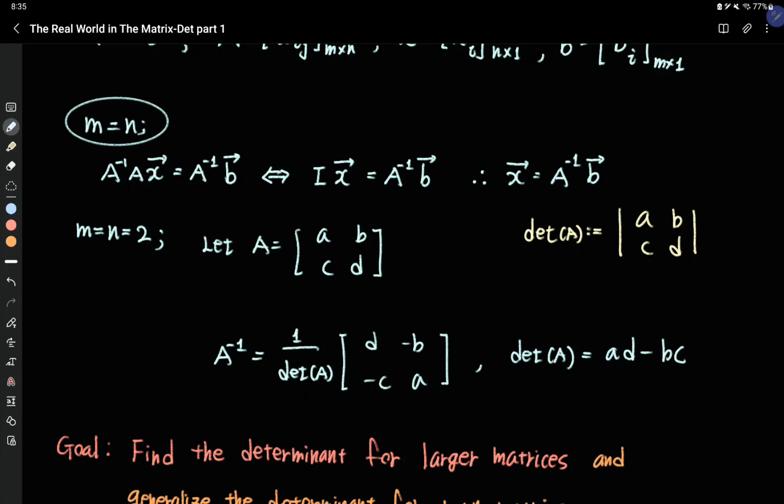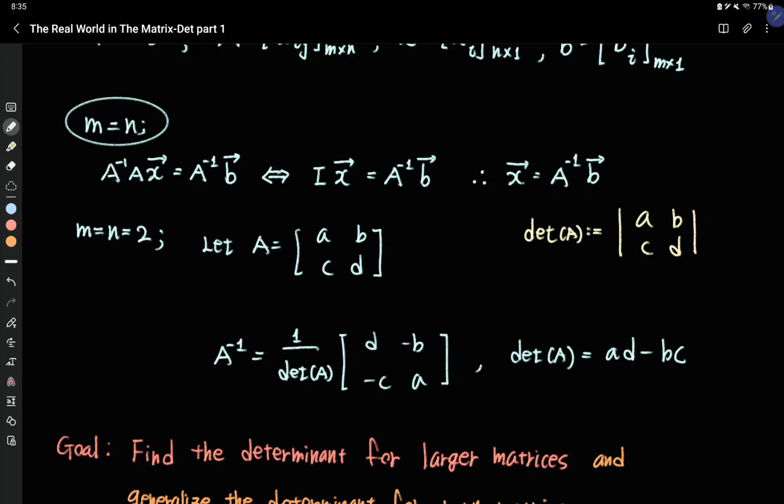Here the formula for determinant A is ad minus bc, and this is denoted by the long vertical bars around a b c d.